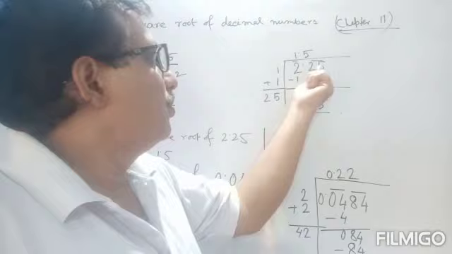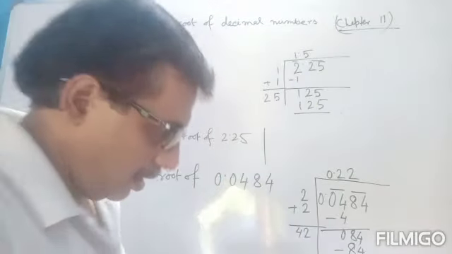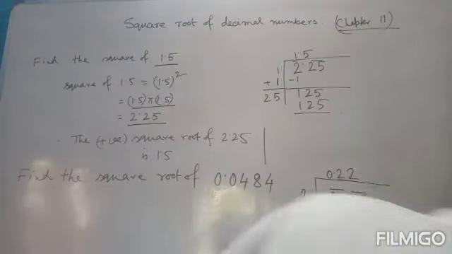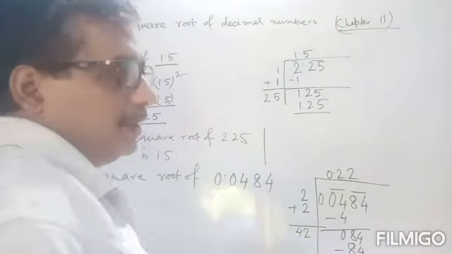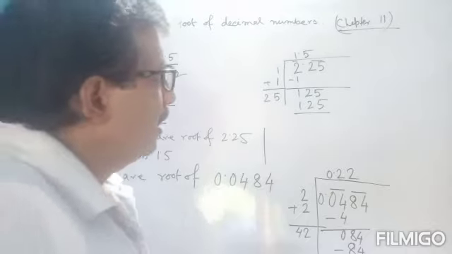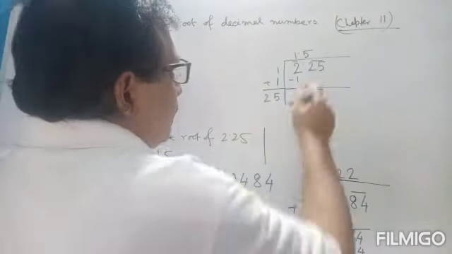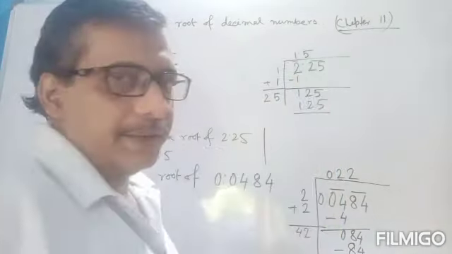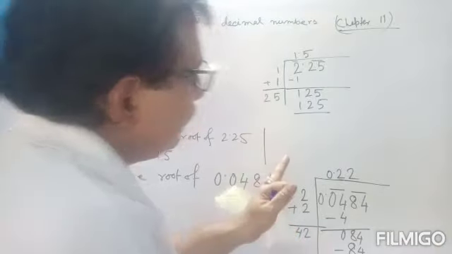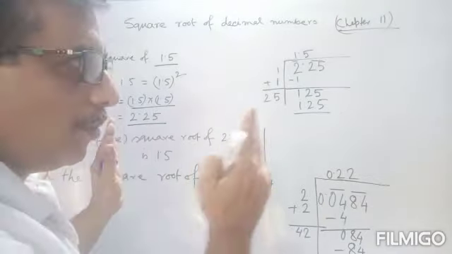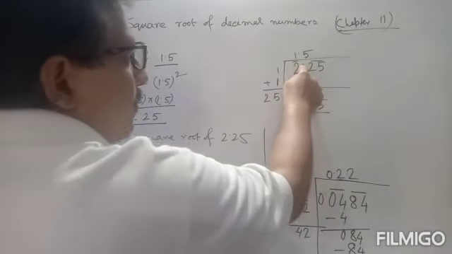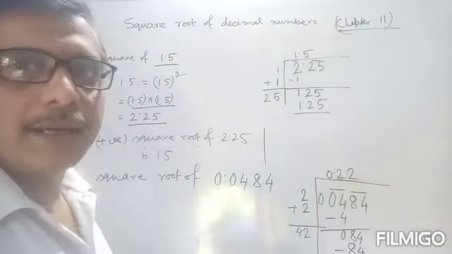So, how do we get this? Right here, 2.25. Clear? Here we write 2.25. Next, we take pairs, and this is the position of the point. From the position of the point, we go towards the left for pairing, and from the position of the point we go towards the right for pairing.